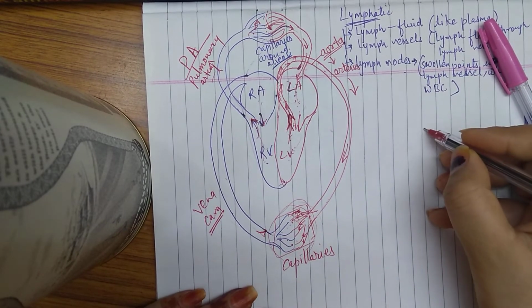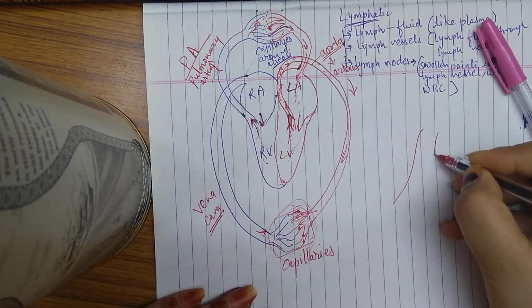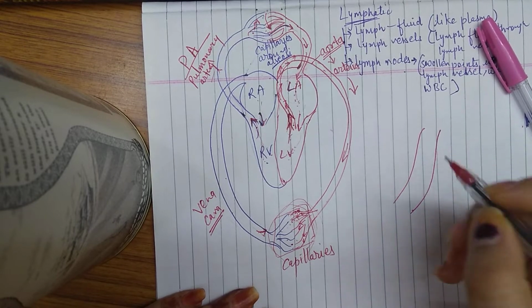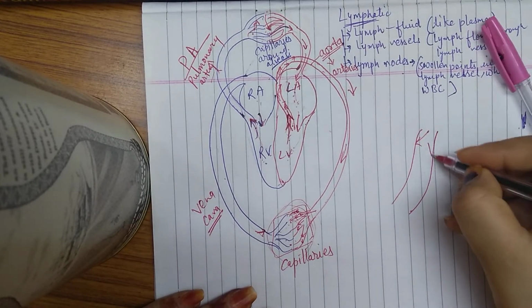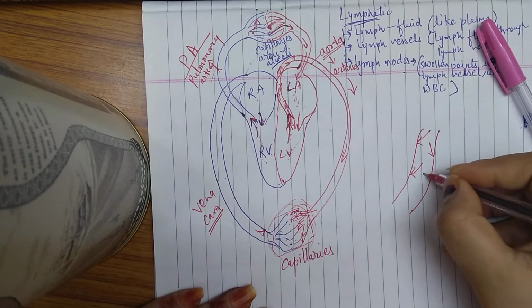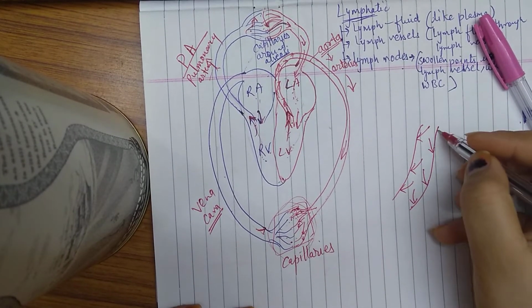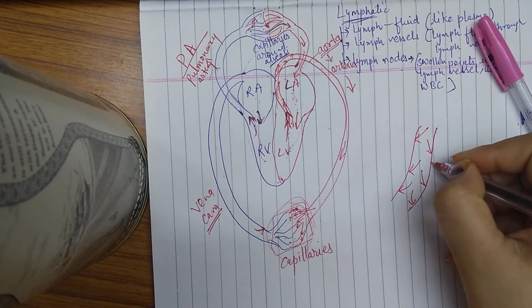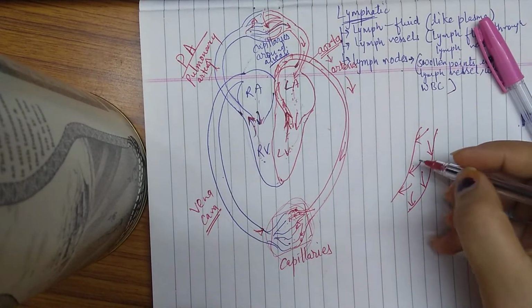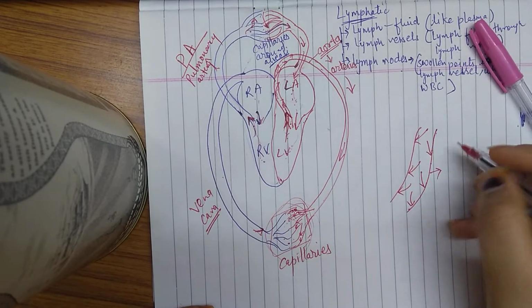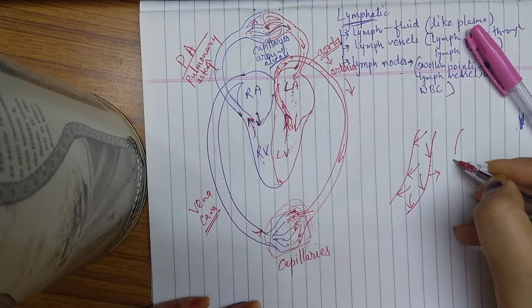Okay, I am drawing the capillary. Blood exerting a very high amount of pressure on the walls of these capillaries may burst them. So to prevent this bursting, the capillaries have a structure like this.